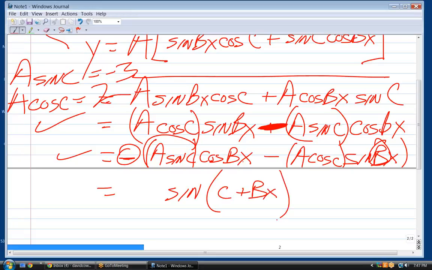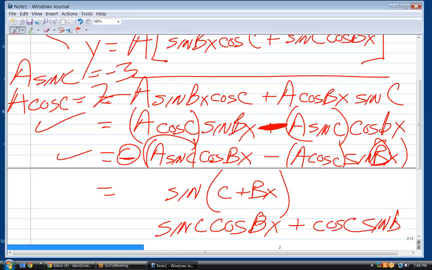If I said the sine of C plus bx, you'd say that's the sine of C cosine of bx plus the cosine of C sine of bx.